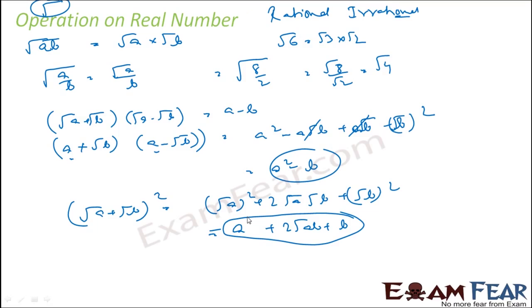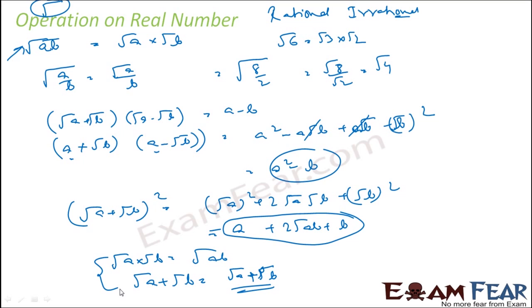Root a into root b is root ab. This is the main trick here. Root a into root b is equal to root ab, but root a plus root b is not equal to root ab; it is root a plus root b itself.